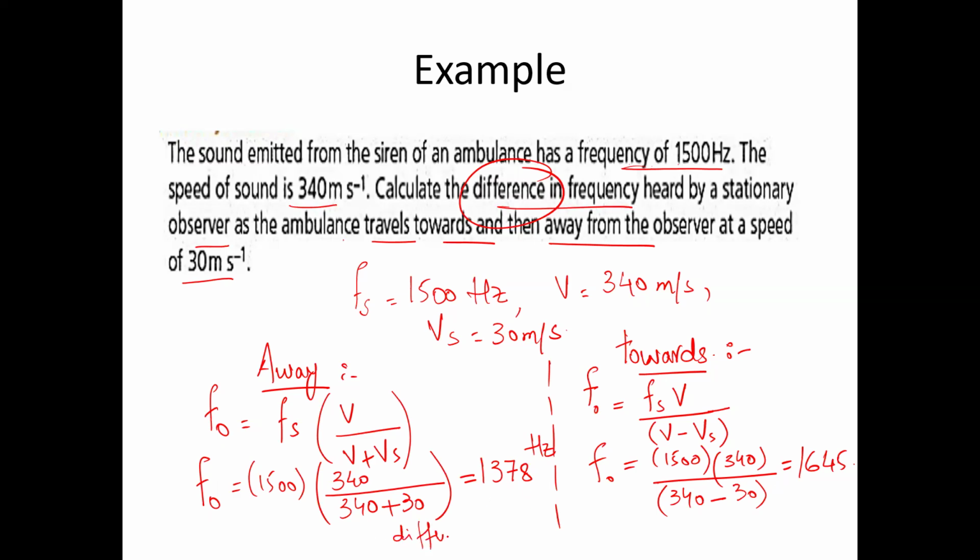So what difference will you get? In the difference we will subtract the two: 1645 minus 1378. Yes, guys, can you tell me what will be the answer when we take the difference of 1645 minus 1378? What answer will come?